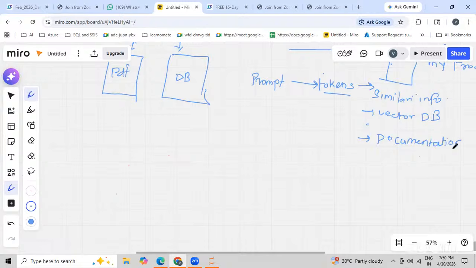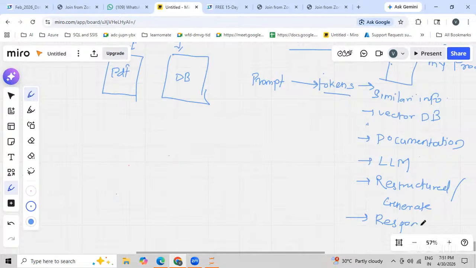And once they get this data, they will pull the data and provide it to the LLM. Now, what will the LLM do? The LLM will restructure, or we can say regenerate, the information or answer, and then provide you a response.